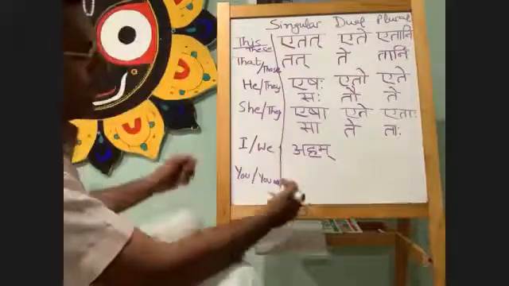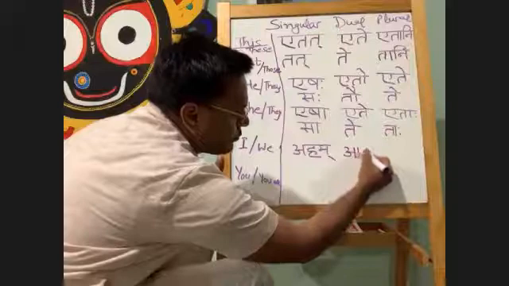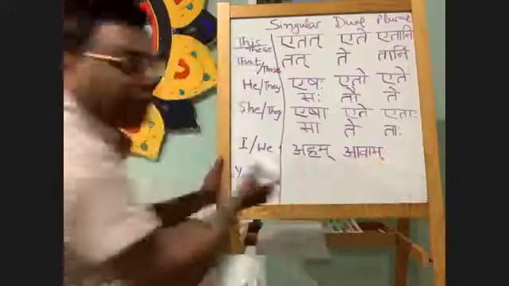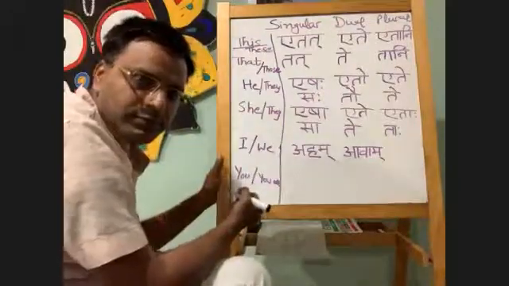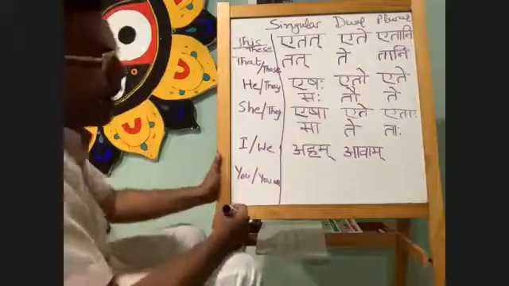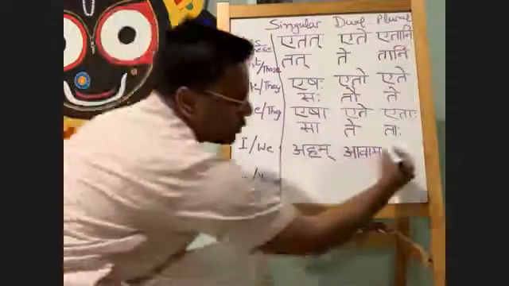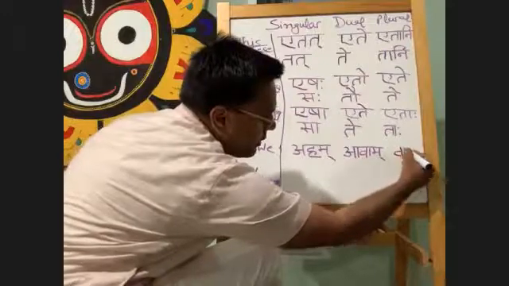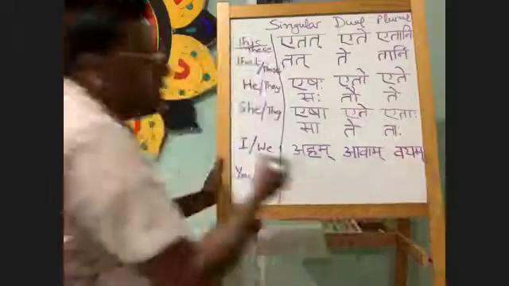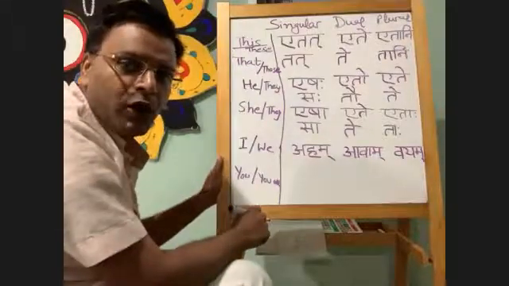So aham, avam. Avam means we two. So when you and one of your friends, you are indicating two people, you say avam. And when we are addressing many people, we all, more than two, vayam. So aham, avam, vayam: I, we two, and we all.